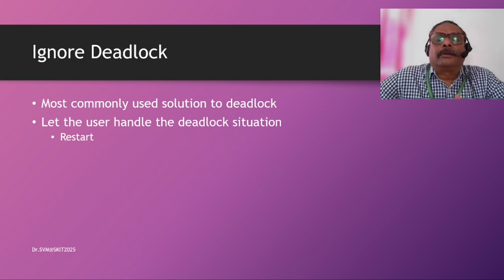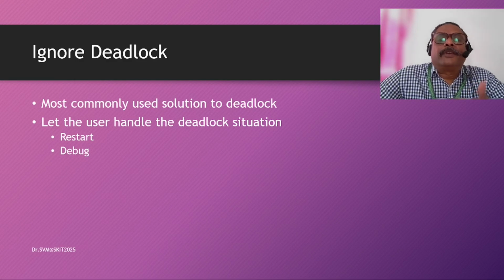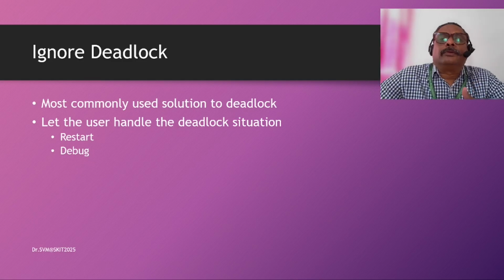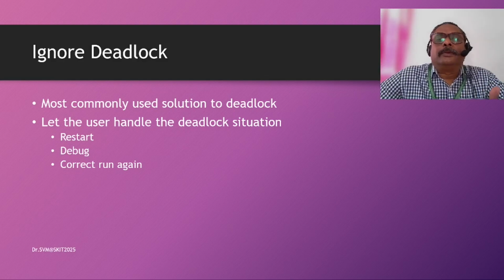When it gets into deadlock, our system hangs, so we can just forcibly restart the system and then look into the code we were working on, debug it, and try to find what went wrong, why it went into a deadlock situation, fix it, and run again. So that could be the easiest solution. Let the user handle the situation, let the operating system be relieved of this.